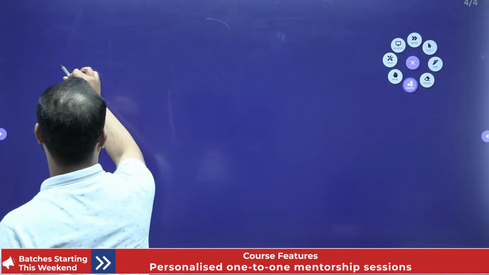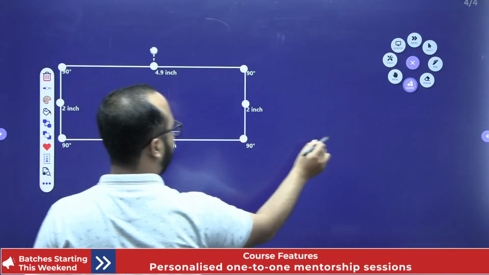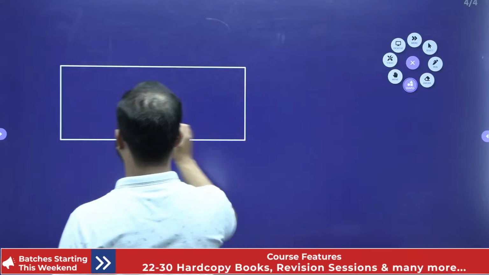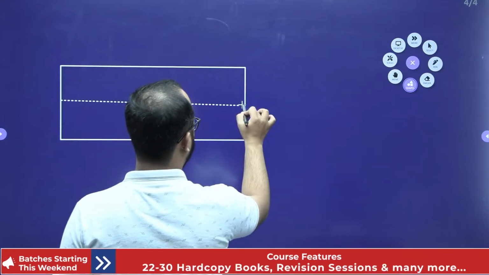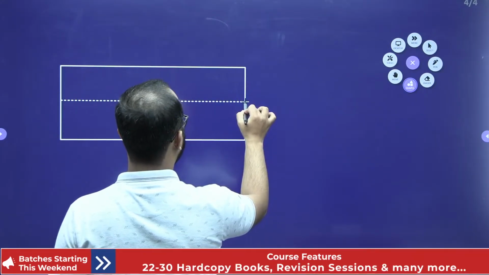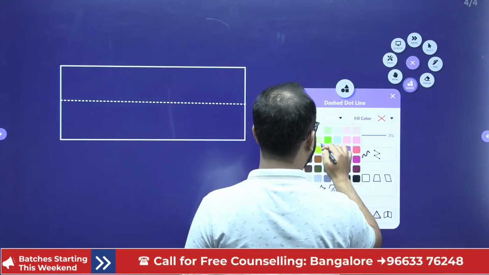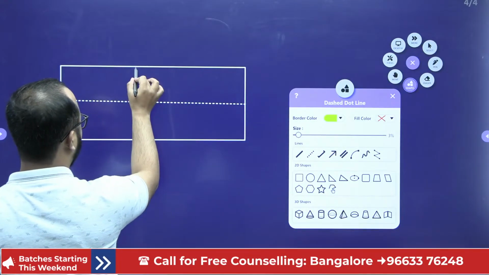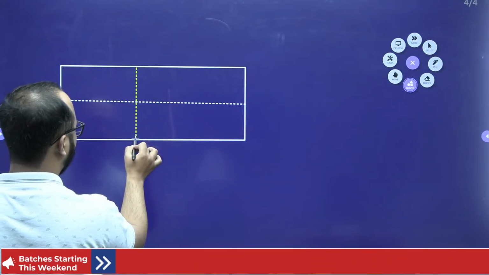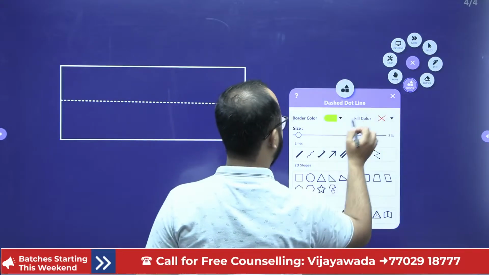Okay. So let's suppose this is the pipe here, and in the pipe you can see, let's suppose this is the center line. Now I will show you how the shear stress will vary.